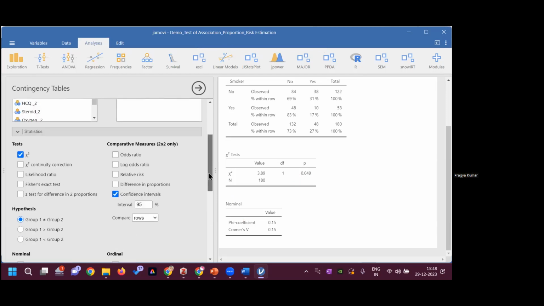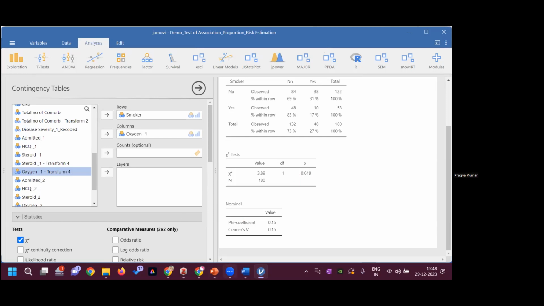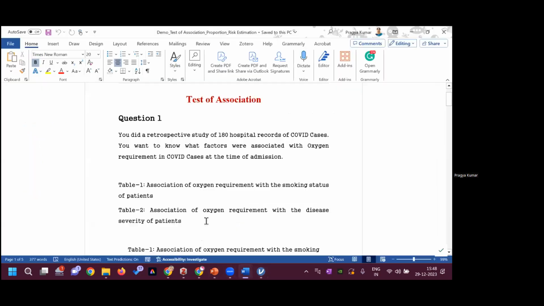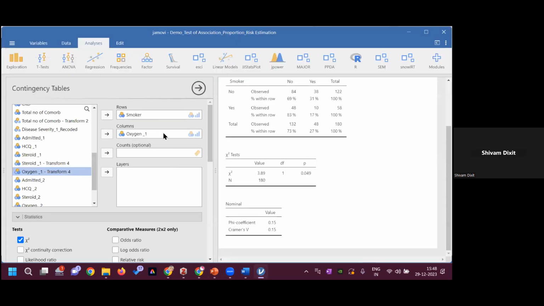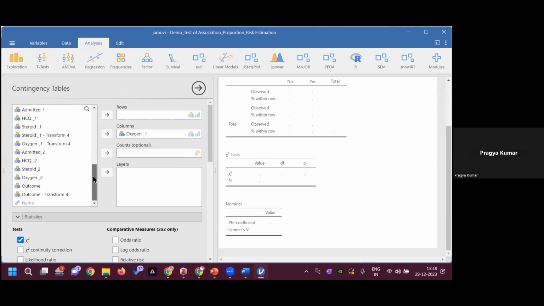So now coming to the other exercise, oxygen requirement with the disease severity. So oxygen requirement, and I will move this back to disease severity.